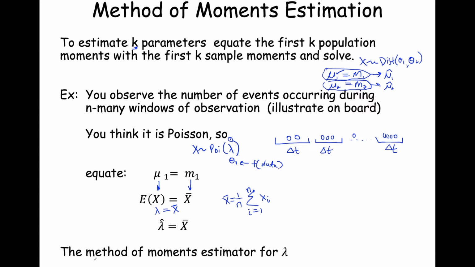We would write lambda hat, meaning an estimator for lambda, and then MME, corresponding to the fact that we arrived upon this estimator using method of moments estimation. So this is, in a nutshell, a high-level review of what we talked about last time.